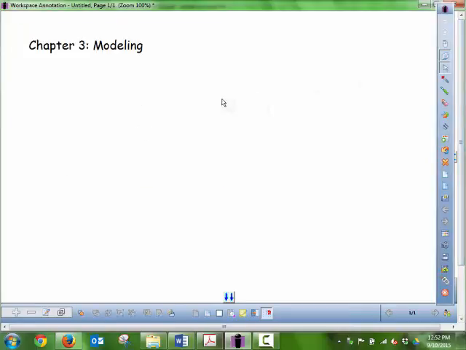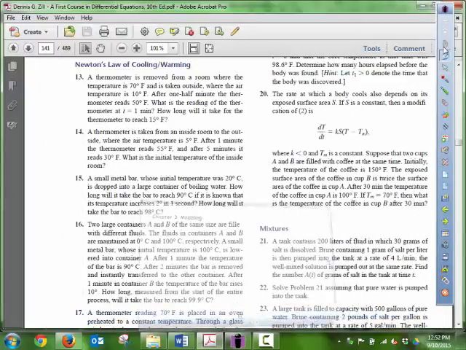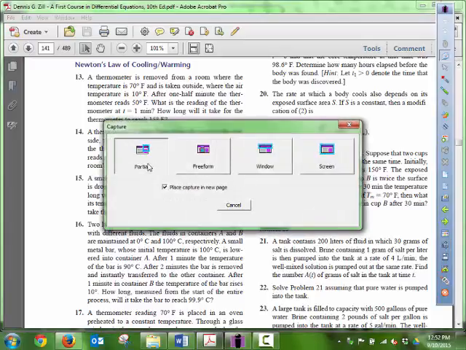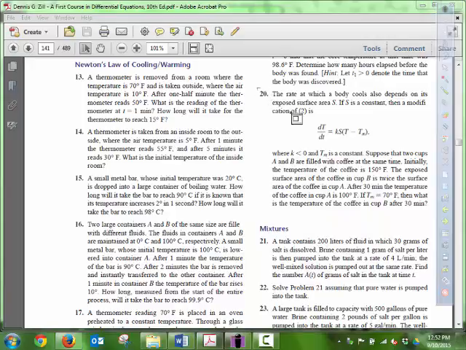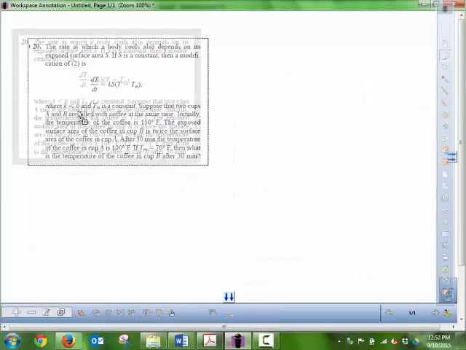Uh-oh, let's try that again. Newton's law of cooling talks about the rate of change of temperature, how the temperature changes with respect to a specific environment.